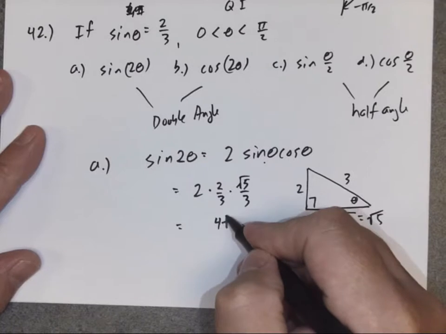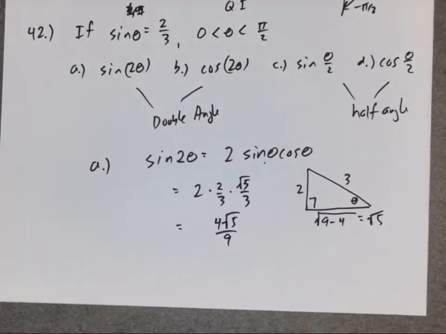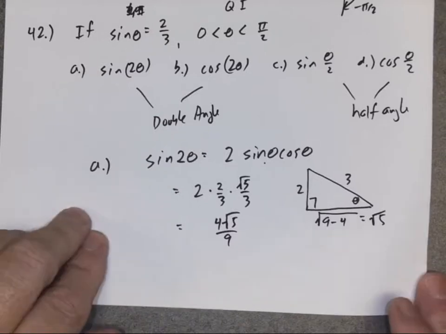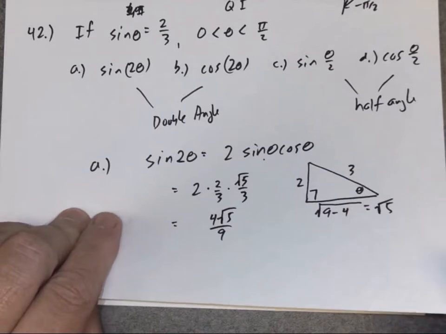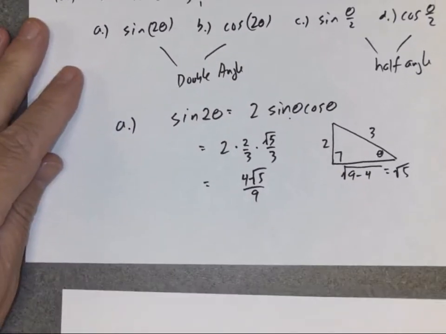So when you multiply all this out, you should get 4 square root of 5 over 9. Now, let me try and fit this on there for part B.